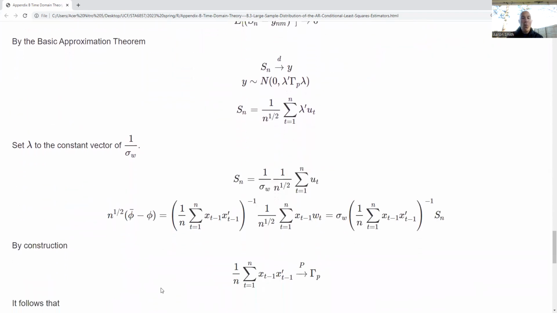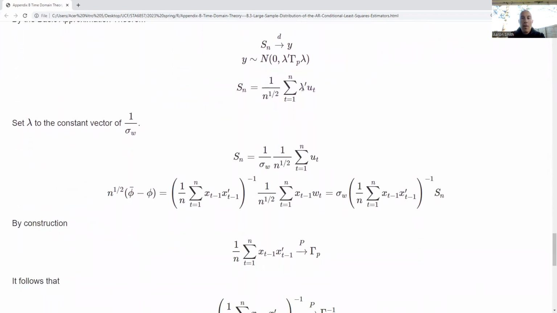When I do that, so far in this proof, that lambda vector could have been anything. But now we're going to nail it down. Why we're going to nail it down this way? Because it works out. Okay, so here, S of n is going to be equal to this times all the other stuff, because this is now a constant vector. So I'm just going to go ahead and factor out that constant. Boom, we've got it.